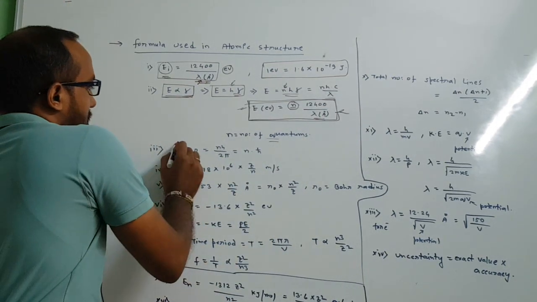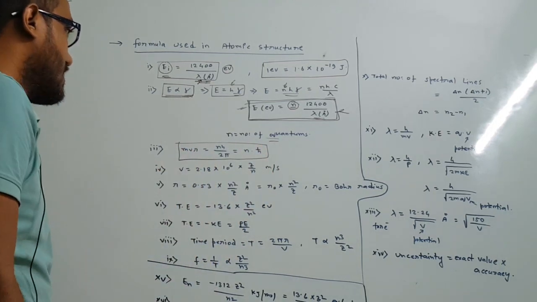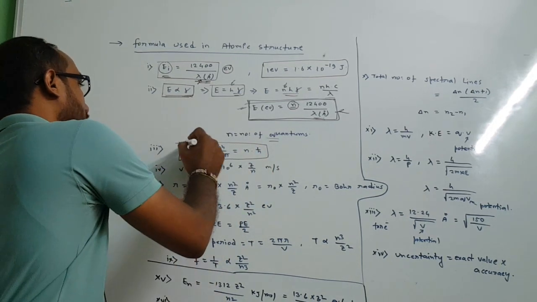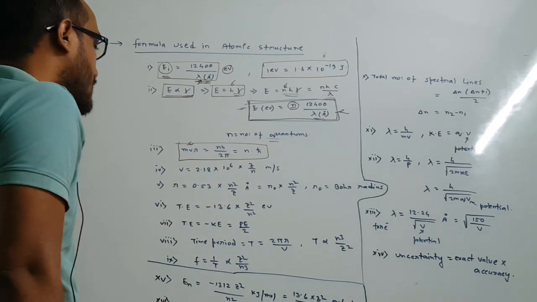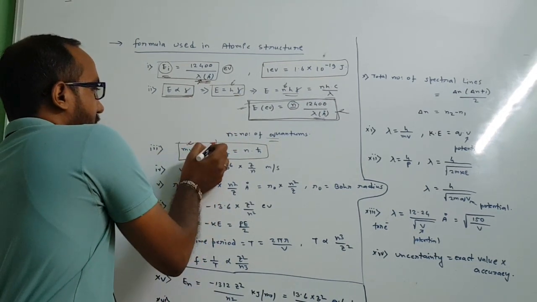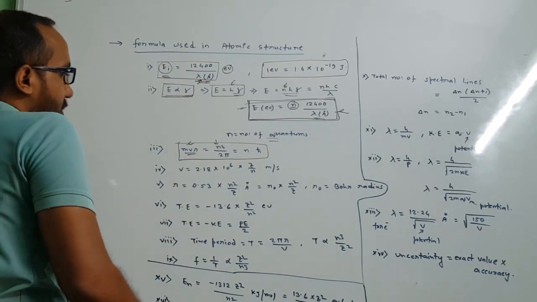Now from Bohr's theory of the atomic model, we know that angular momentum is a constant proportional to h by 2 pi, and for the nth orbit it would be mvr equals nh by 2 pi.